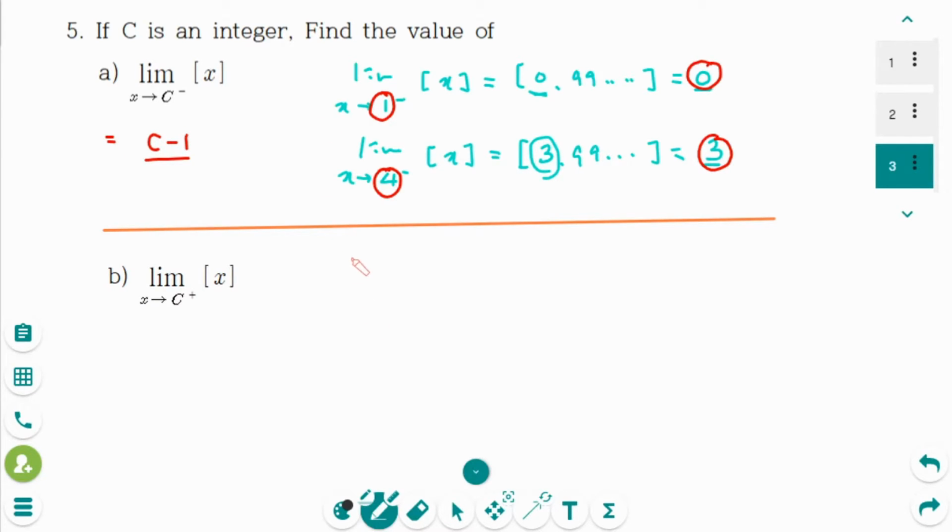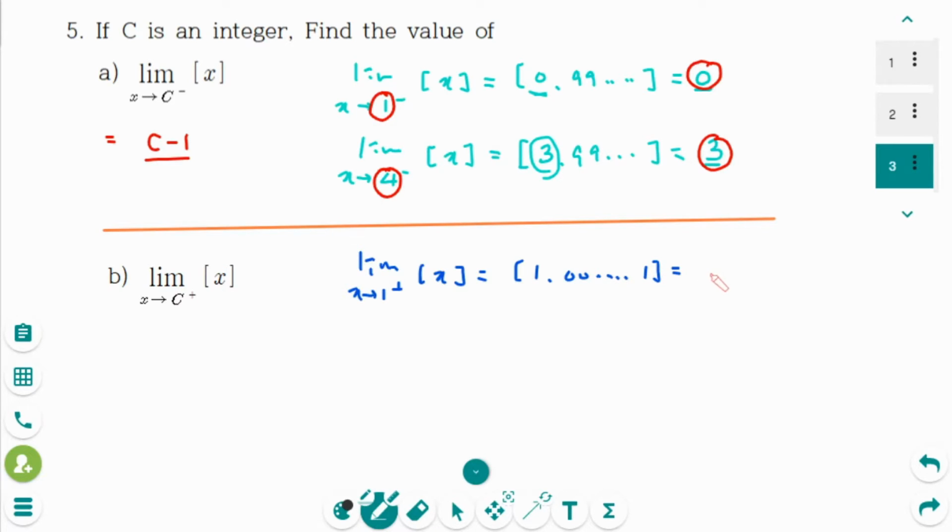In the same sense, number b, limit as x approaches 1 from the right side, greatest integer function equals, as x approaches 1 from the right side means x is not 1, actually it's a little bit greater than 1. So it's 1.000001.